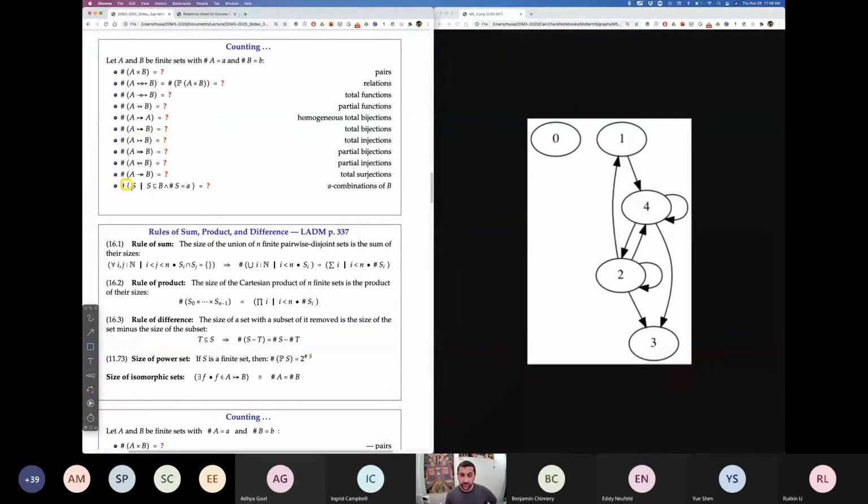And then this one right here, how many subsets of B of size A are there? Does anyone know what this one is? This is the combinations, right? So we'll get to these. But now that we have the set notation, the arrow notation, we can actually talk about these things formally.